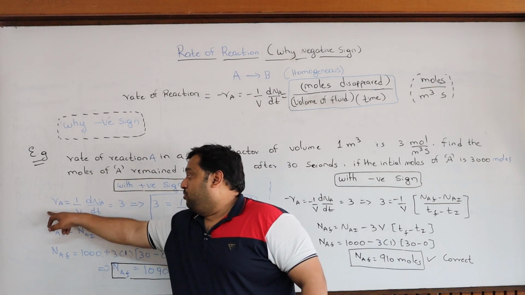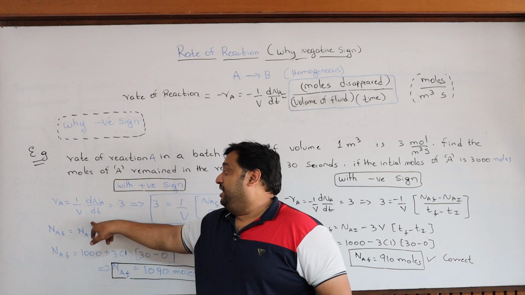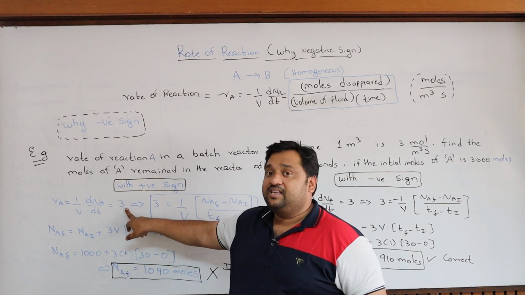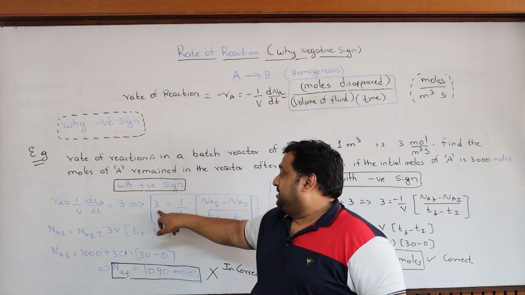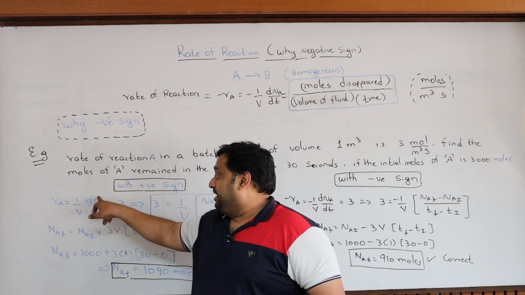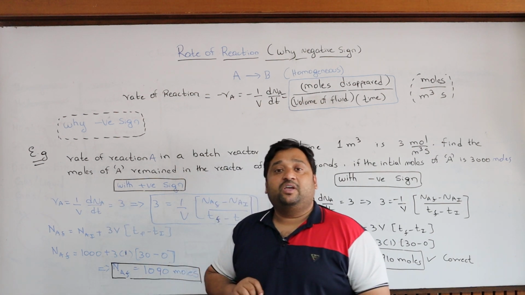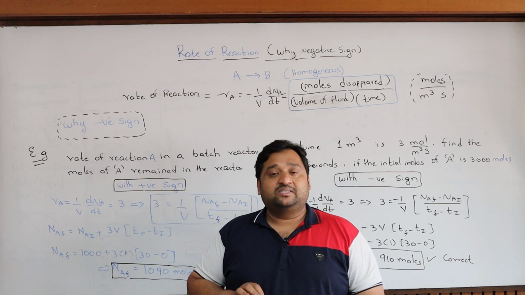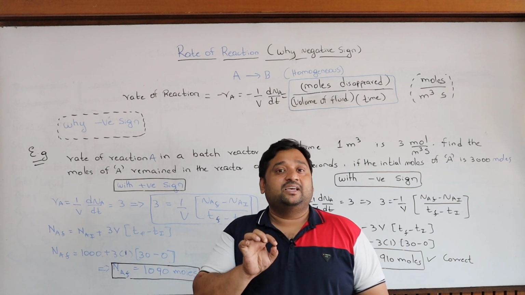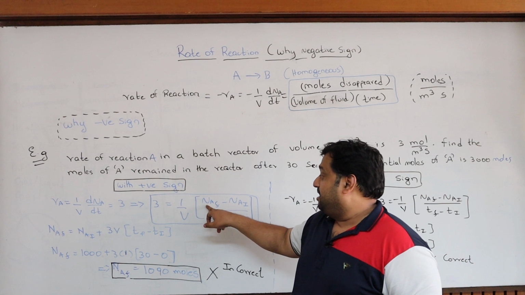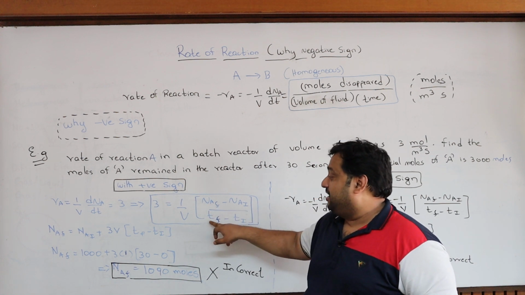Let us take Ra; I have removed the negative symbol. Ra equal to 1 by V into dNA by dt is equal to 3. That implies 3 is equal to 1 by V into dNA by dt, which as a derivative means Na final minus Na initial divided by t final minus t initial.